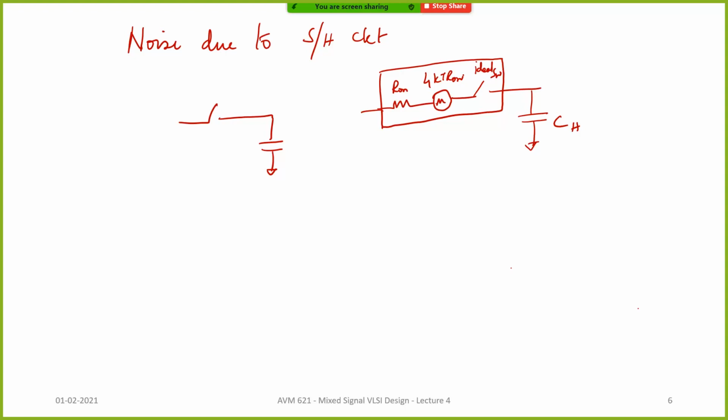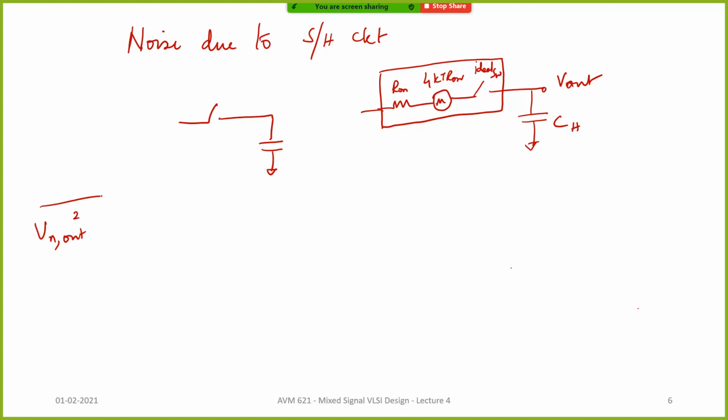Now, if you want to calculate the amount of noise that this resistance with this capacitance is going to give, what do you need to do? We will find Vn out, so what we are interested in is Vn out squared.